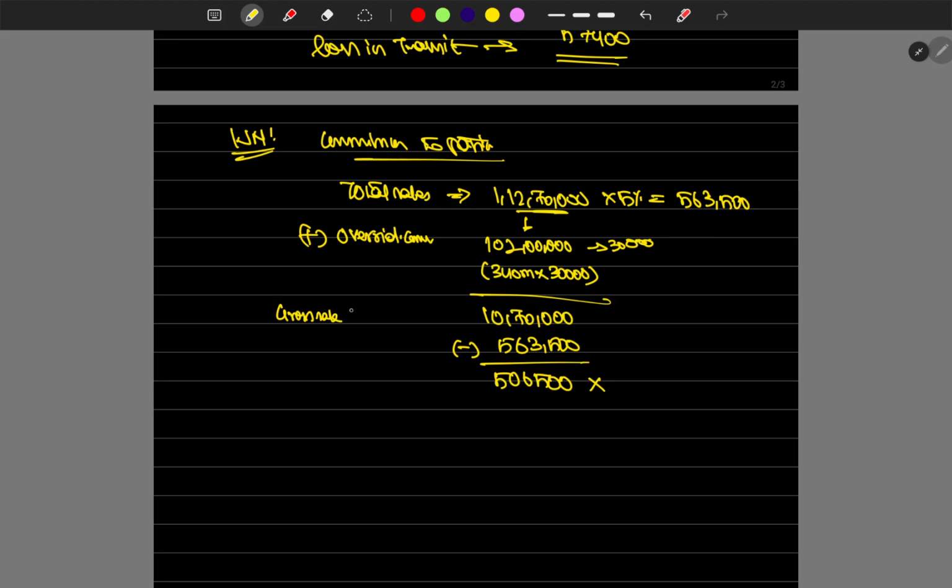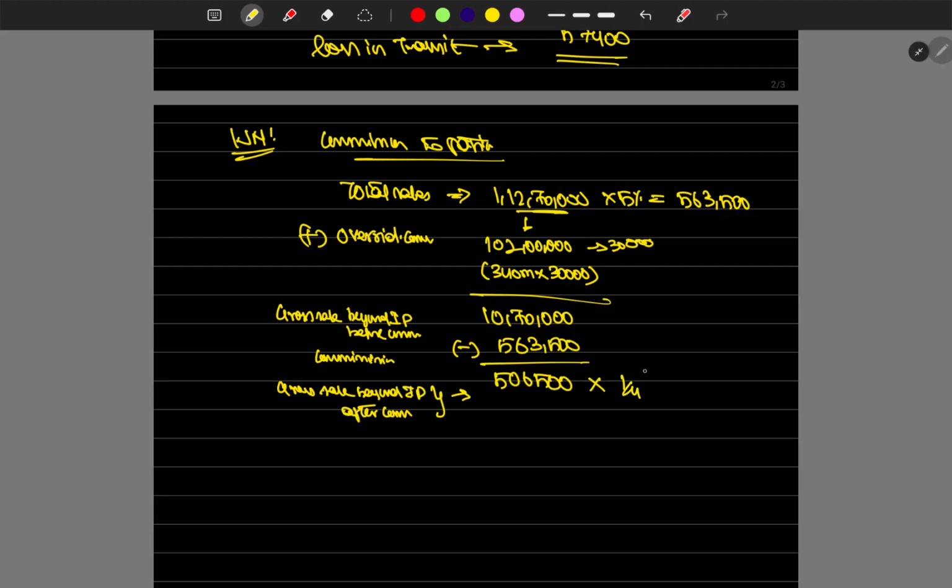Gross sale proceeds beyond IP before commission, then commission, then gross sale beyond IP after commission. Okay, so this is the after commission part.